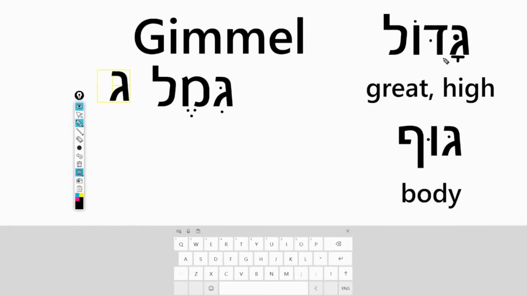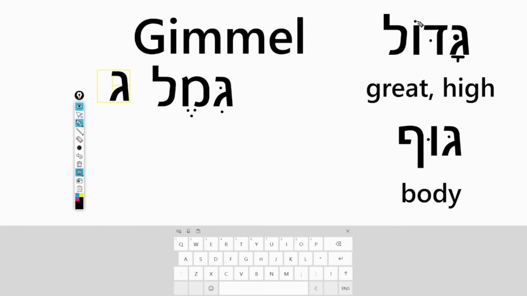That's an acronym for the letters that change their sound if they have a dagesh or if they have no dagesh. And the Daleth, of course, is the D sound. That's the easy fricative D sound. But this one is the plosive because it has the dagesh.